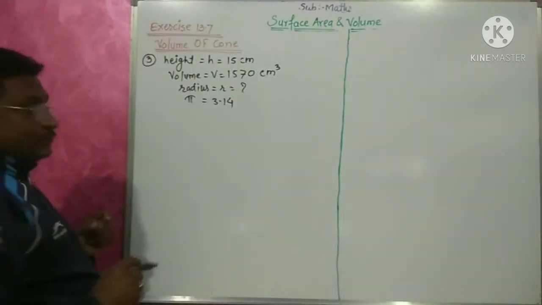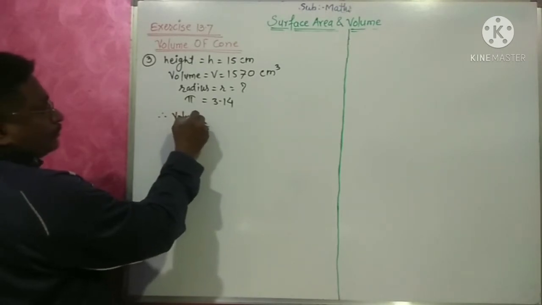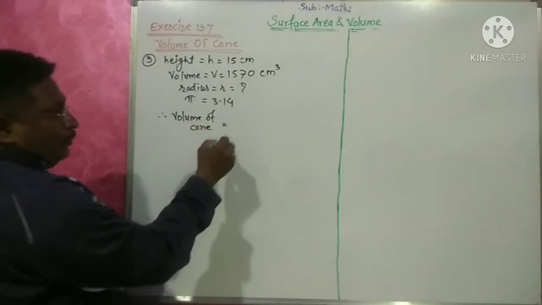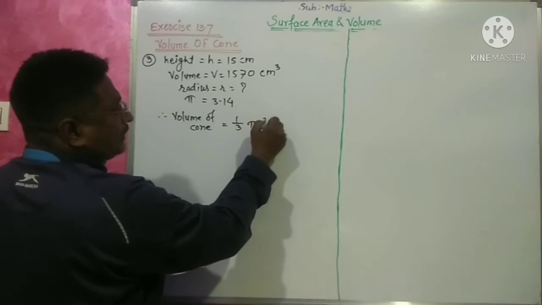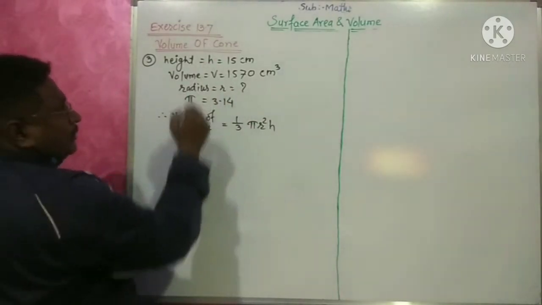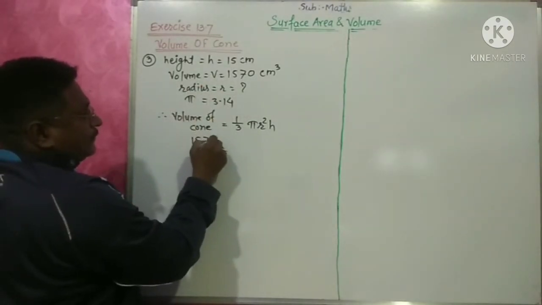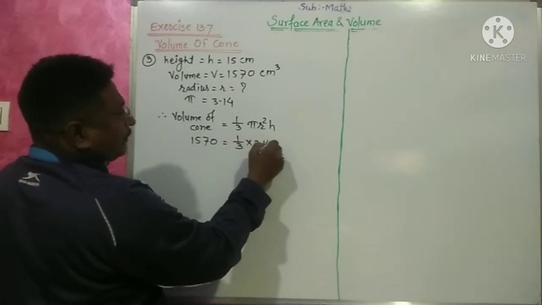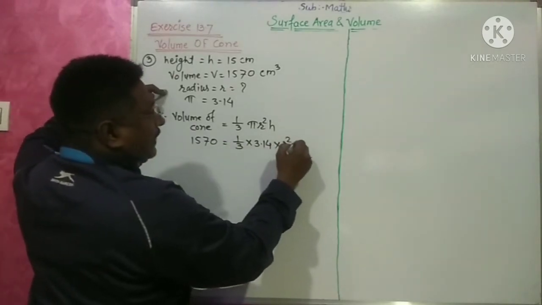So how to solve? Volume of cone. What is the formula for volume of cone? 1/3 pi r square h. Now substitute the values. Volume is given, 1570, equals 1/3 into 3.14 into r square, we have to find r square.